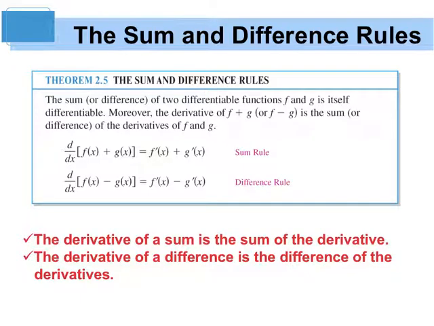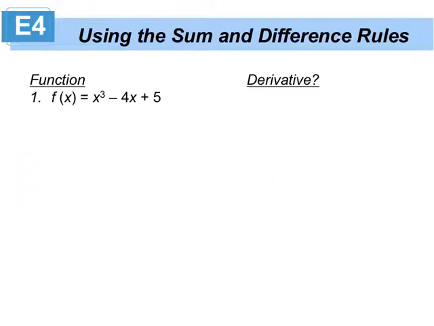These two rules are what allow us to take the derivative of longer polynomials. If I have something like x squared minus 2x plus 7, and I want to take the derivative, I just take the derivative of the individual parts. And what I'm left with is my final derivative. Okay, so for instance, Kevin, what's the derivative of that?